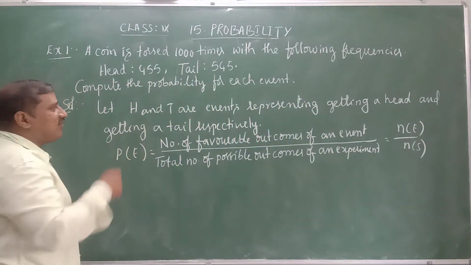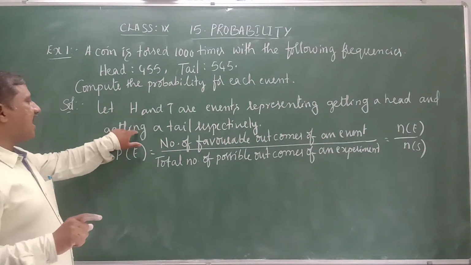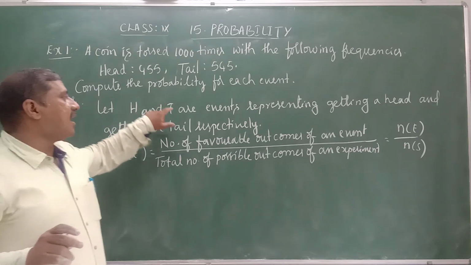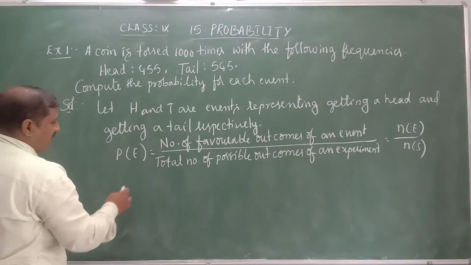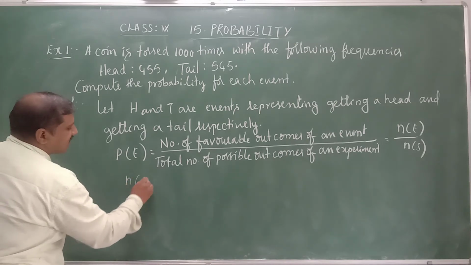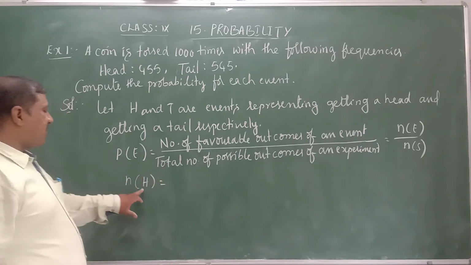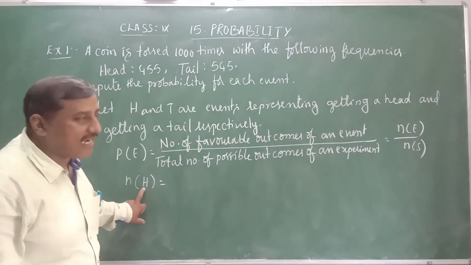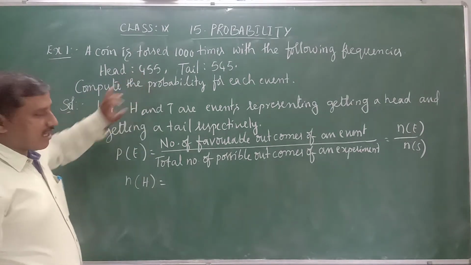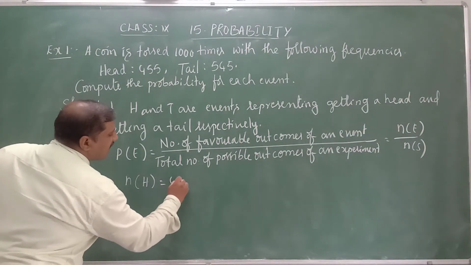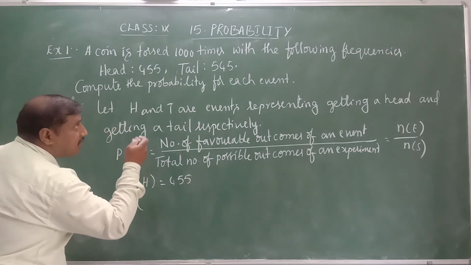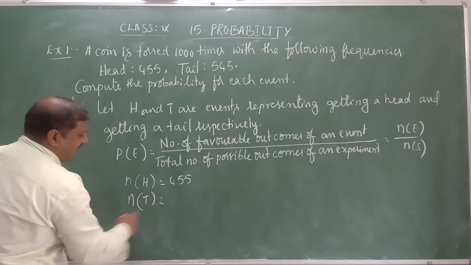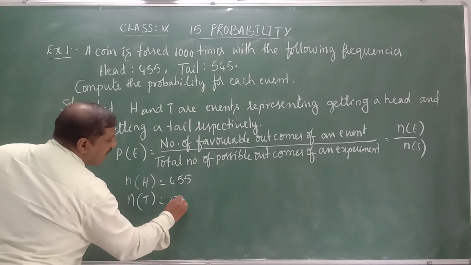But here the event of getting head we have represented with H, and getting tail with T. Now here n of H, that is the number of favorable outcomes of getting a head, is 455. Similarly, the number of favorable outcomes of getting a tail, that is n of T, is 545.